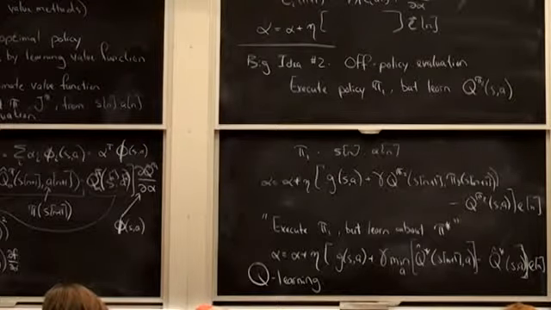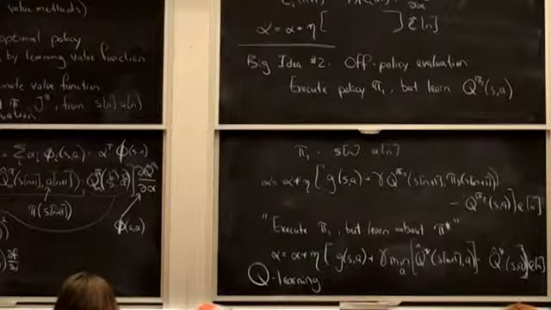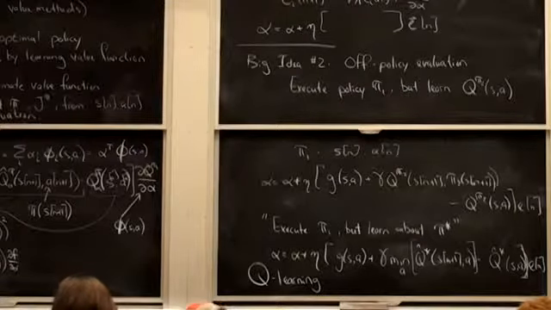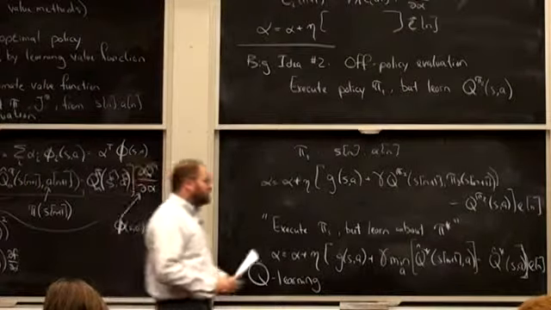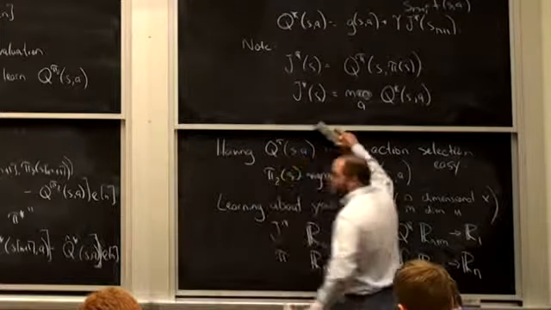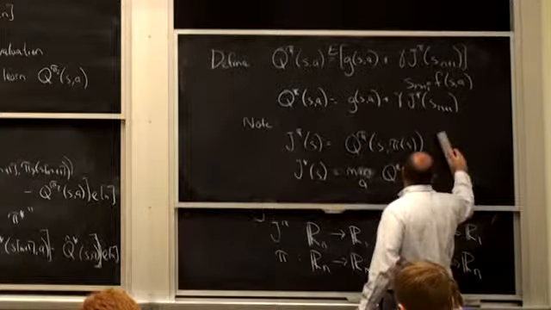I would say it was the gold standard until probably about the 90s, when people started doing policy gradients and stuff more often. Even probably halfway through the 90s, people were still mostly writing papers about Q-learning. And there was a move to do policy gradients.